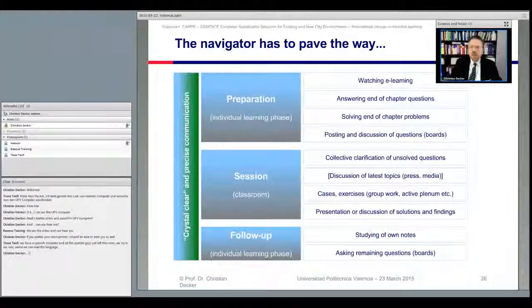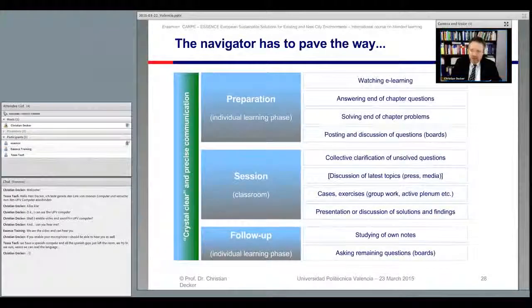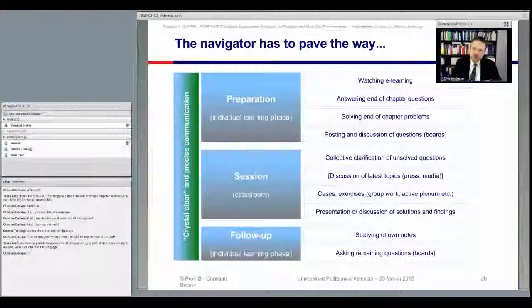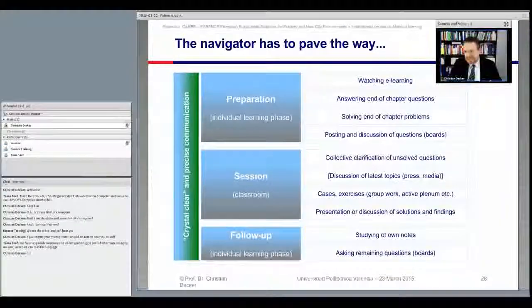So you have to constantly remind your students what to do, how to study, how to learn, what is due for the next week. Otherwise, they show up and they will not be prepared for the in-class sessions.